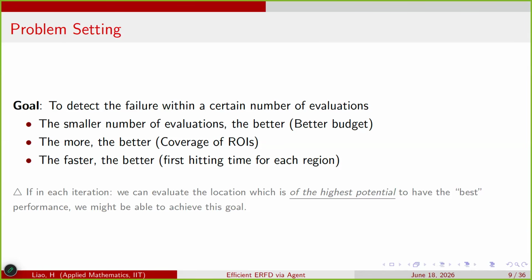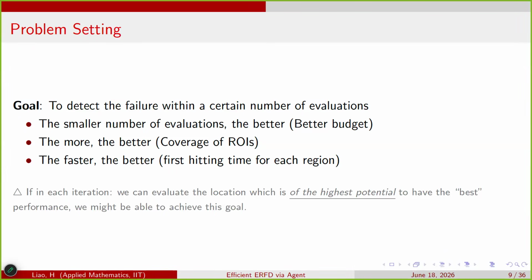So instead of doing a global optimization, we are trying to do more of a search for these regions. We don't want it to get stuck in one area, covering the global optimum itself, but we also care about exploring the space more to find the other disjoint regions. And the third one is the faster the better, which means we are trying to find the first hitting time for each region, the smaller the better.